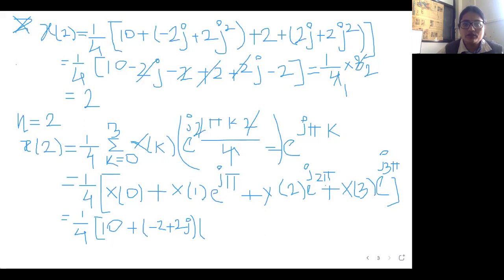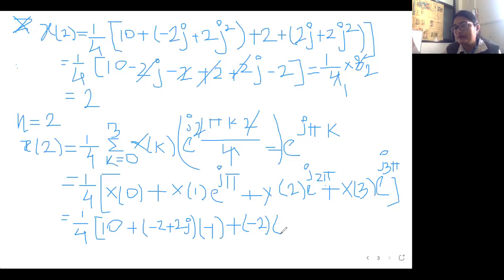Yes, you have calculated, good. This cos pi is minus 1. Plus x of 2, the value of x of 2 is minus 2. Then again, e raised to j 2 pi. How do you expand this? It is cos 2 pi plus j sin 2 pi.